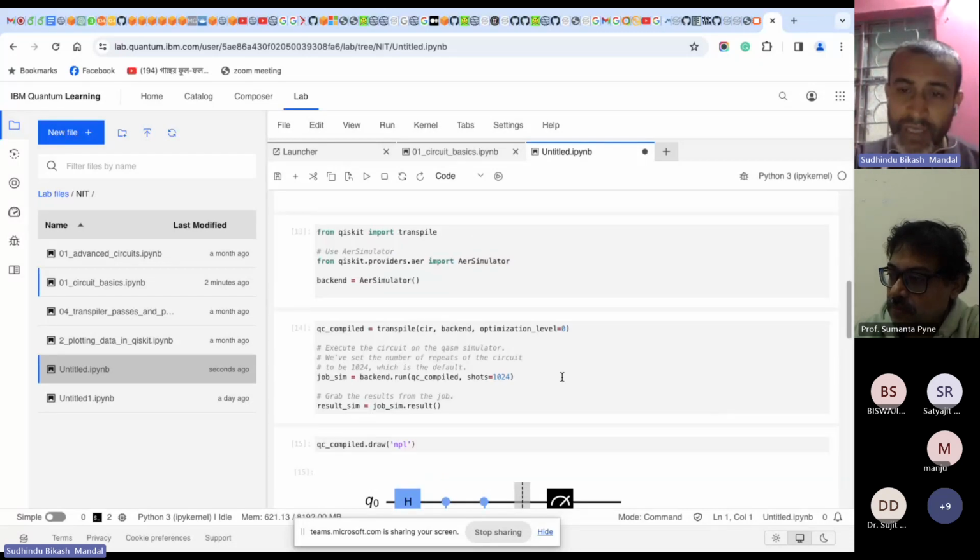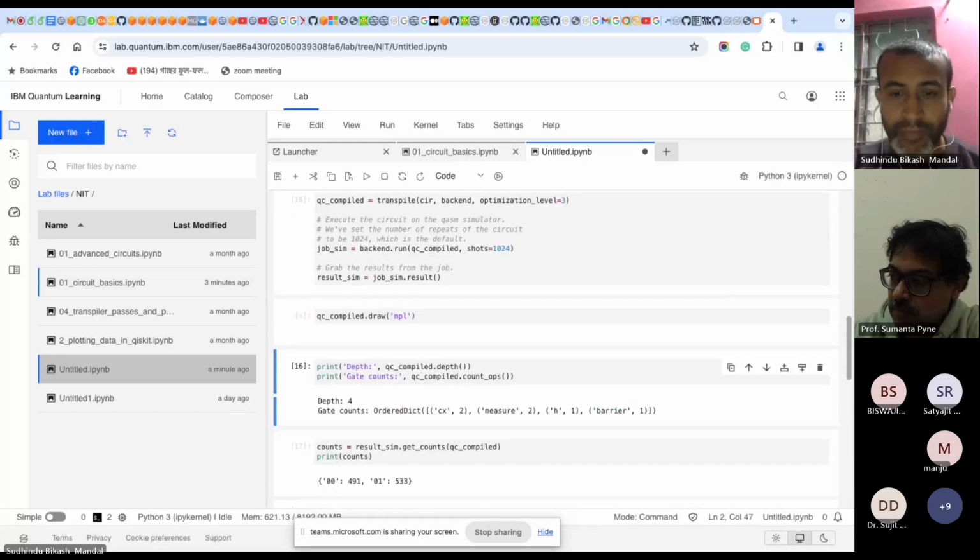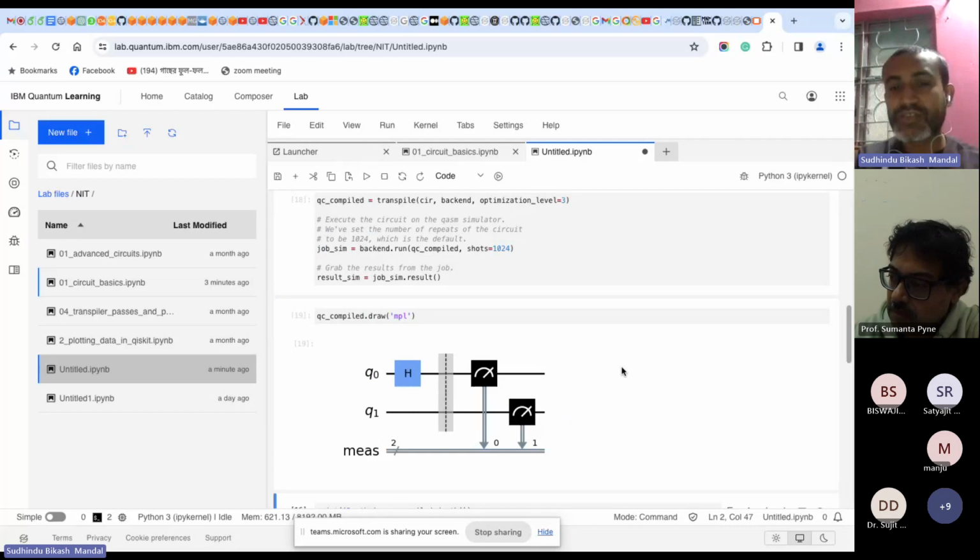Now, if we change this optimization level to 3, then what will happen? See, it vanishes these 2 CNOT gates, because we have no need to execute them because they are identity.